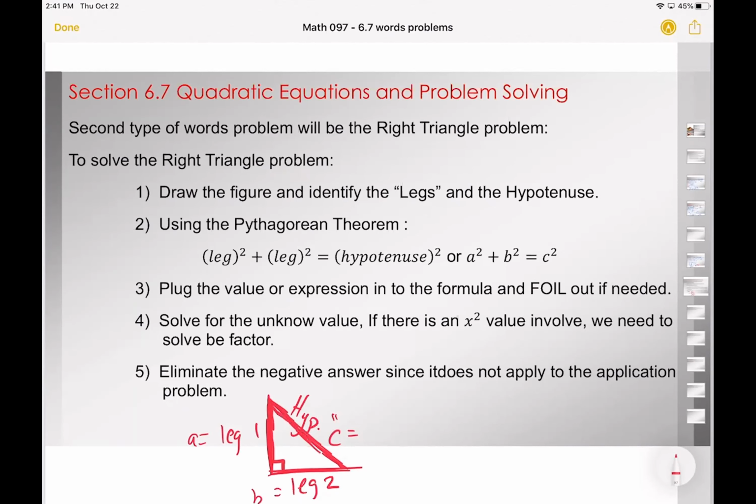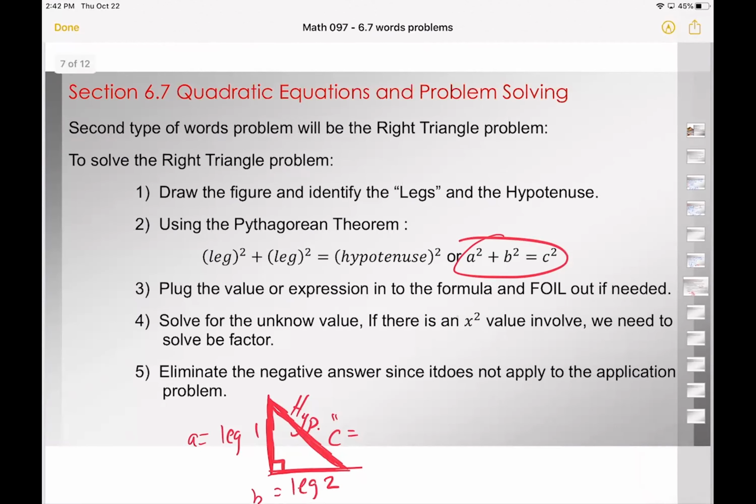So if you see the right triangle, to attack it, draw a figure, identify what is leg A, what is leg B, and what is C. And all you do is plug into the equation, A squared plus B squared equals C squared.